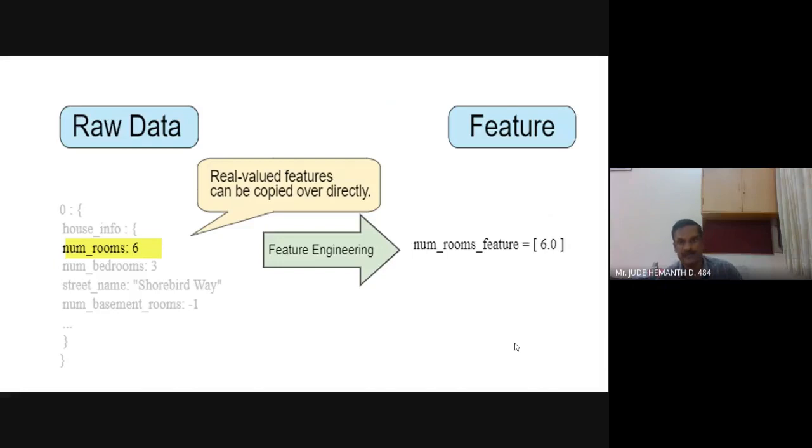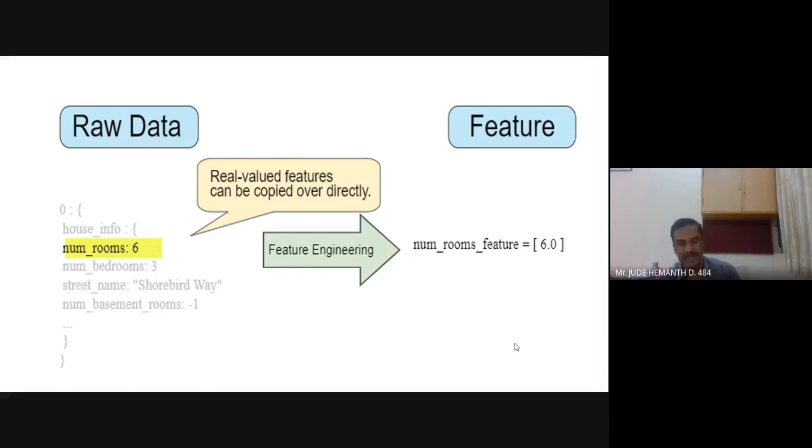Now we will see how we are going to transform the data into numbers. The first case is if your raw data has a plain number, for example, number of rooms equal to 6. Then there is no problem in transforming that into a feature vector.